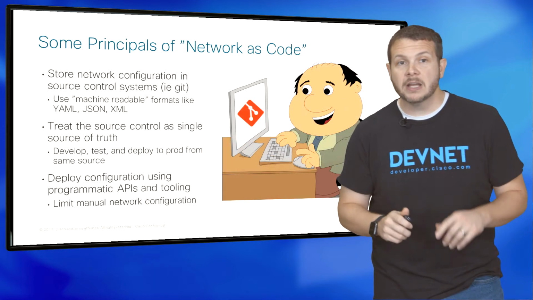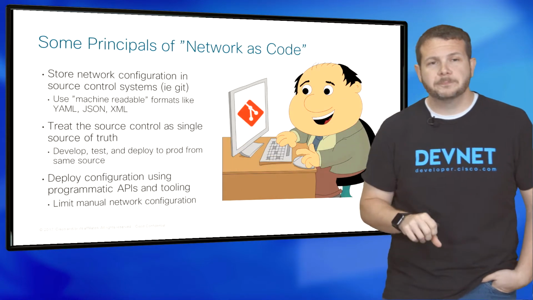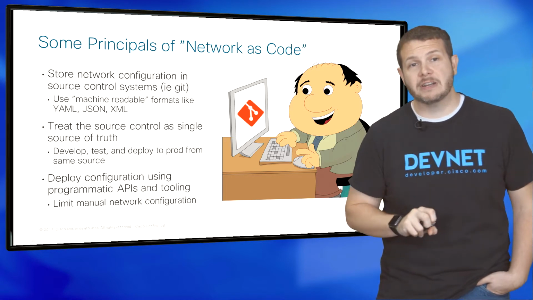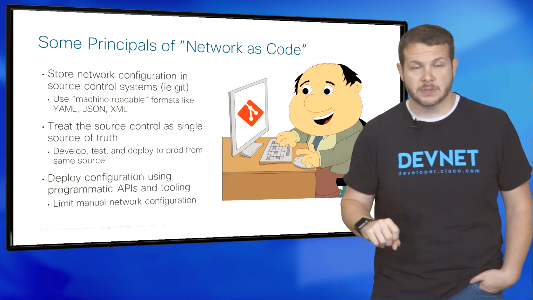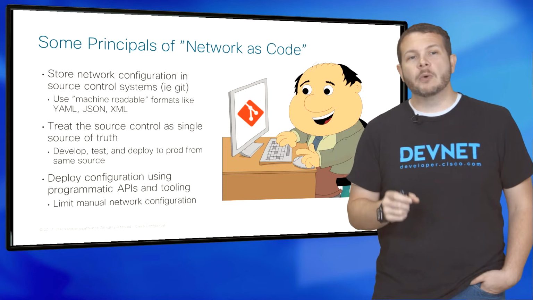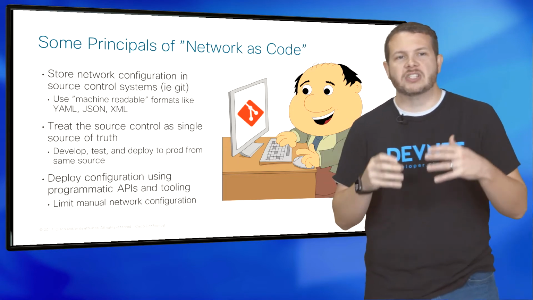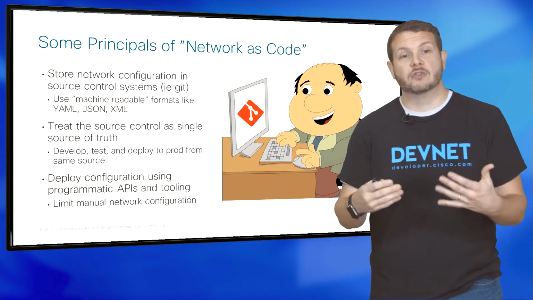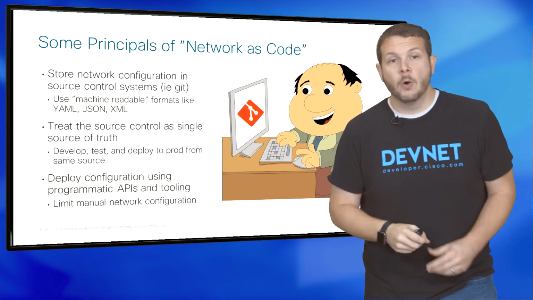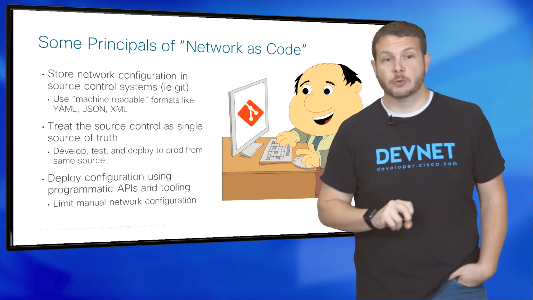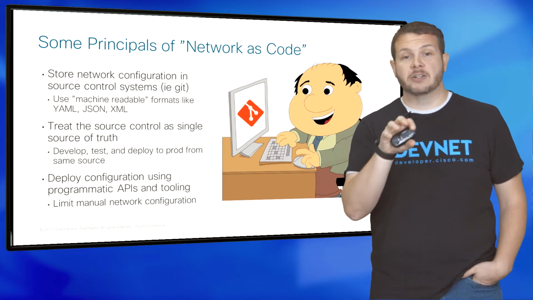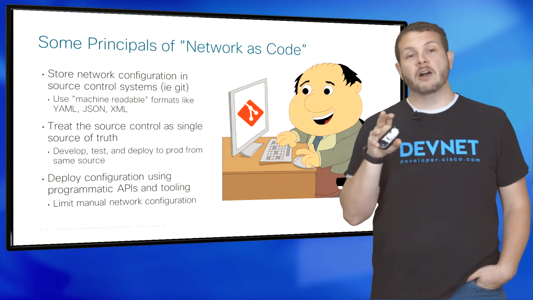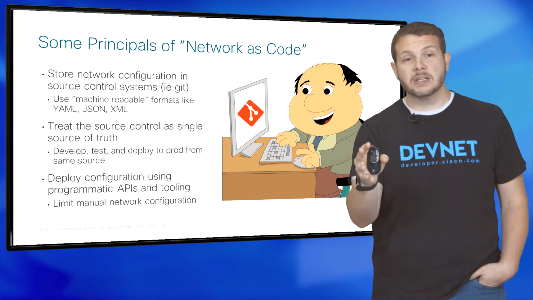So in the network, this relates to some principles. We're going to store our network configuration in source control systems, such as Git. We're going to use machine-readable formats such as YAML, JSON, and XML, these data formats that are very easy to script and program against. We'll treat our source control as the single source of truth, whether we're talking about our development instances of our network, our test networks, or production networks.